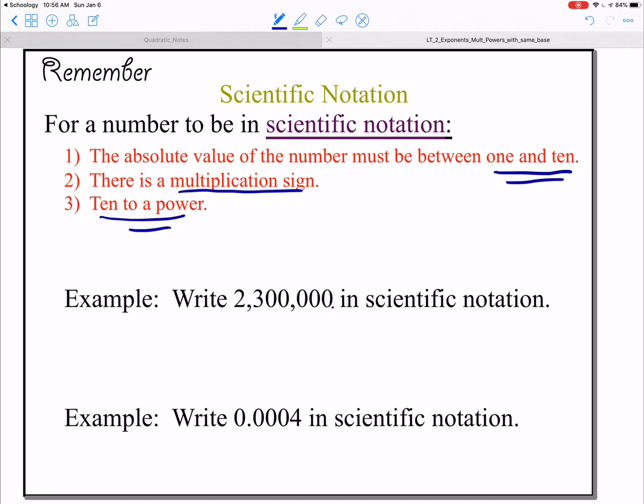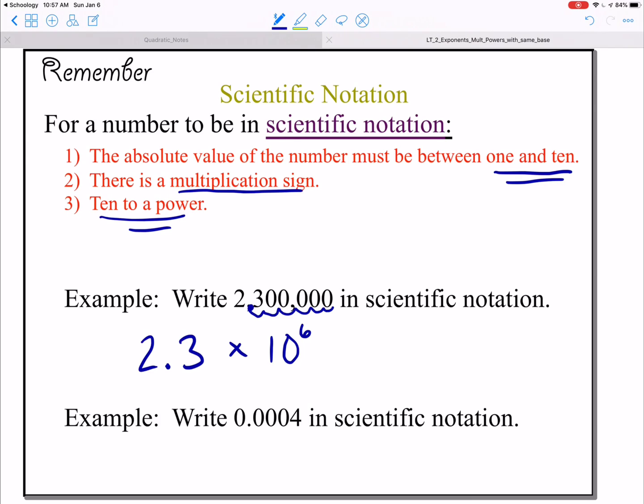We are going to put our decimal in a place that makes it a number between 1 and 10, 2.3. The second thing is a multiplication sign, and then the third thing is 10 to some power. Now the power is how many times you needed to move the decimal place. In this case, it needed to move 6 times. So it's 2.3 times 10 to the 6th.